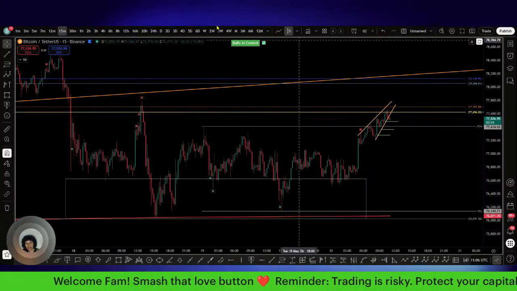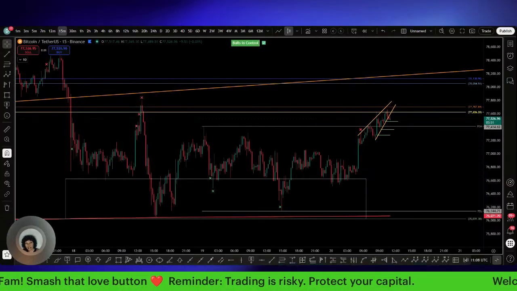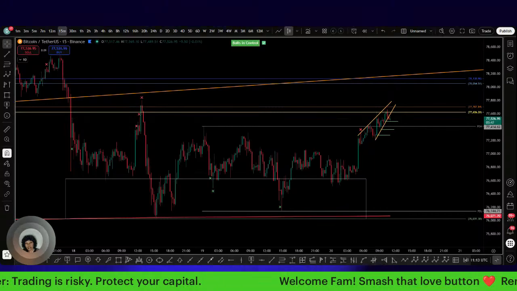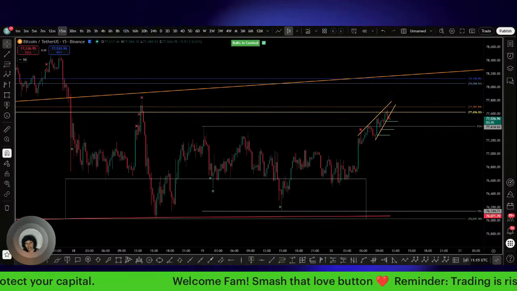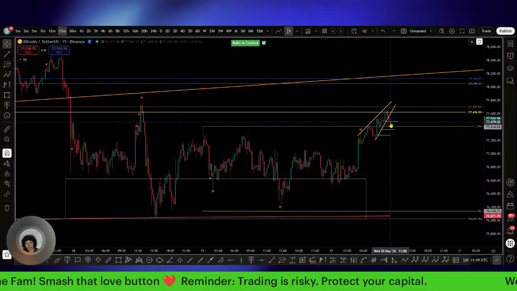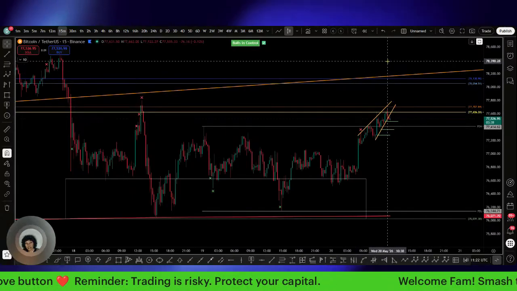SPY holding too. It was trying to roll over, getting that little reaction, trying to push back below that trend line it got to break out of, but it flipped back green. So Bitcoin is doing the same thing right now.